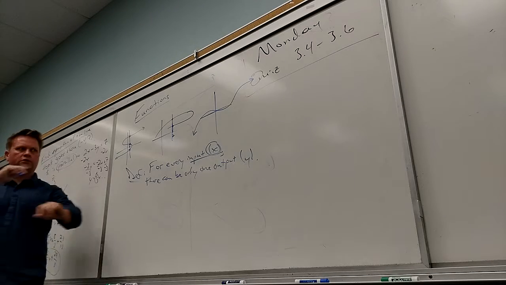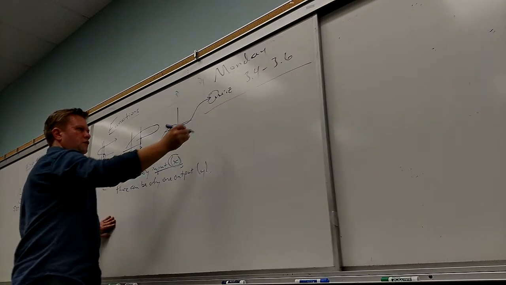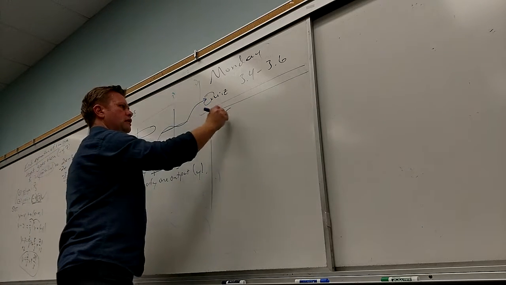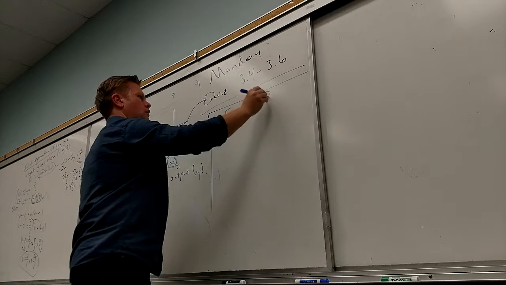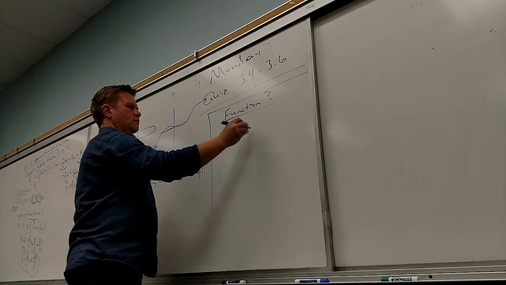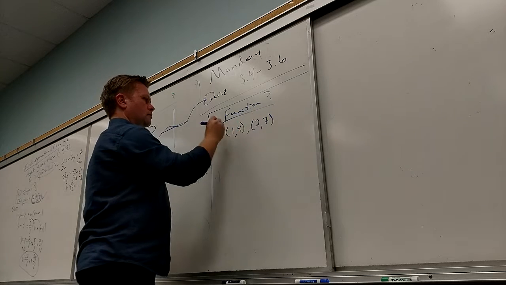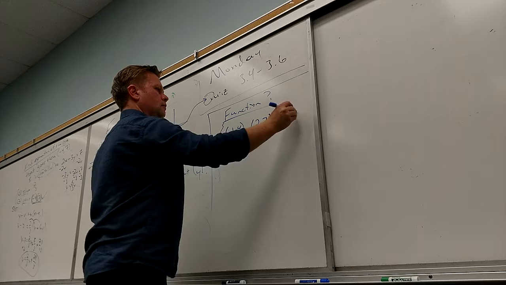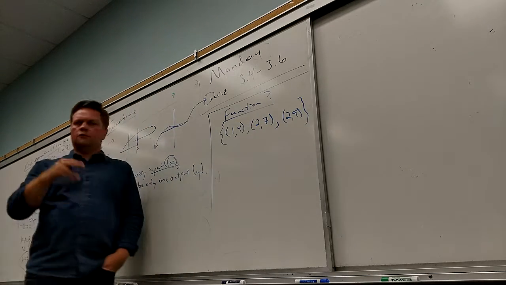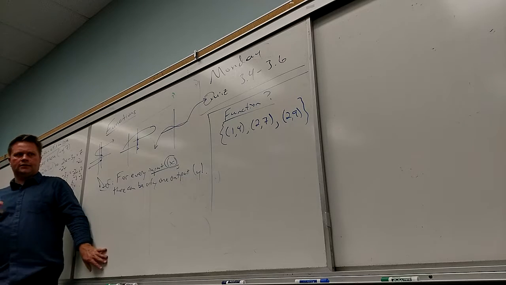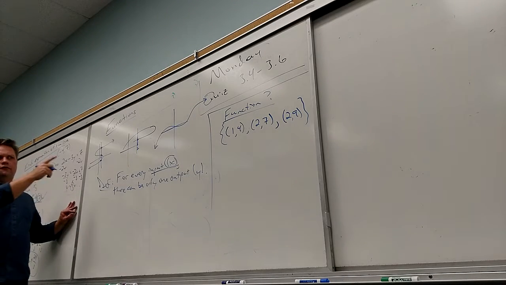All right, let me show you a different view of this. Does this describe a function or not? Somehow I'm claiming this is the exact same idea that we just spoke about visually.